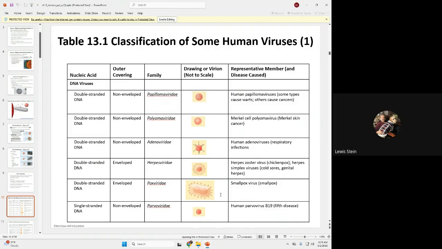Cytomegalovirus, I would call it a mononucleosis variant. You do not want to get it. Typically, it affects people with significant immune compromise. And this one, roseola.